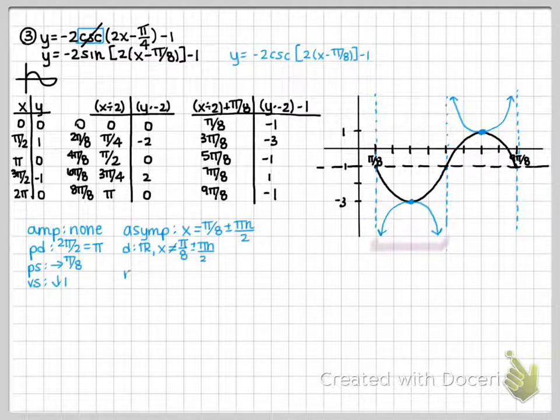The range. Well, we've got this big gap between them, so I always think of doing 2 different sections. If I come from the bottom, it's going to be negative infinity as I get close to this point, and that's going to be negative 3.